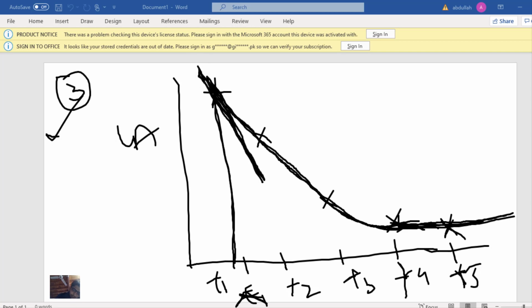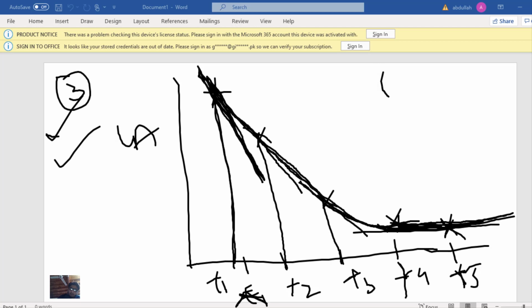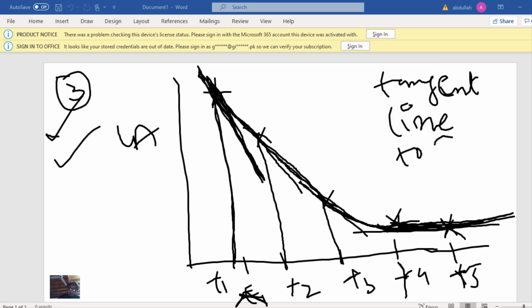Similarly at time t2 the tangent to the curve was this, at time t3 this was the tangent, and at time t4 this was the tangent to the curve. So in the third step we draw a tangent line to the curve.